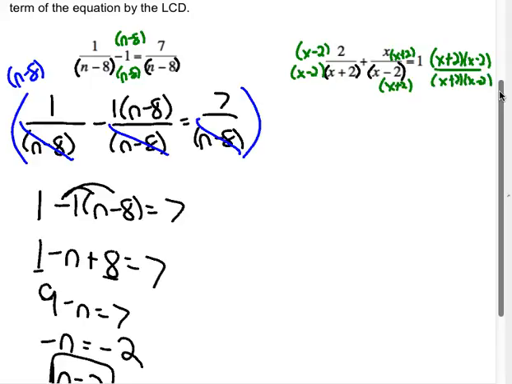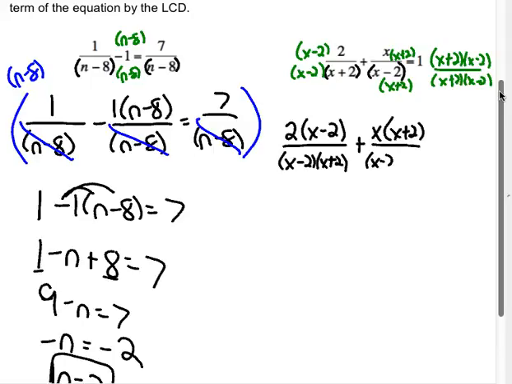All right, so this is going to look a little bit messy for a second, but what I have here is 2 with the x minus 2 with the common denominator. I have that x with the x plus 2 with that common denominator. Then over here, I have both of them with that common denominator.